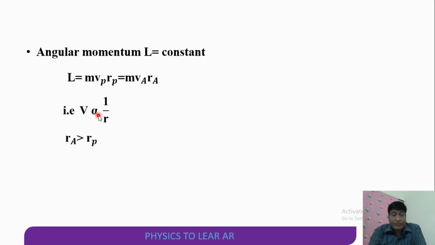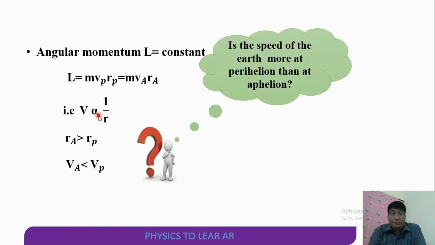So if ra is greater than rp, then va is less than vp. Why? Because the speed of the earth is more at perihelion than at aphelion.